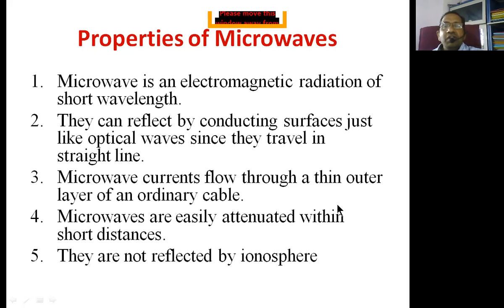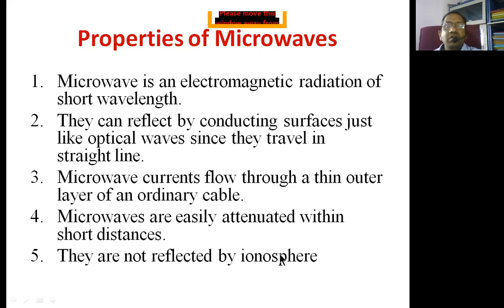Microwave currents flow through a thin outer layer of an ordinary cable. Microwaves are easily attenuated within short distances. They are not reflected by the ionosphere layer.